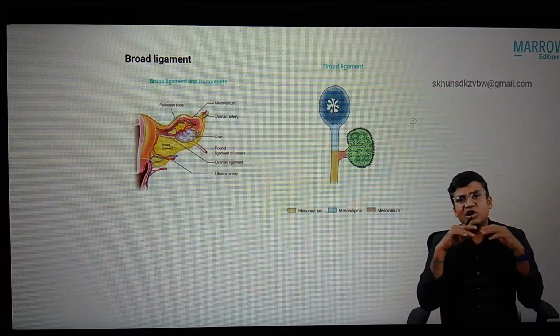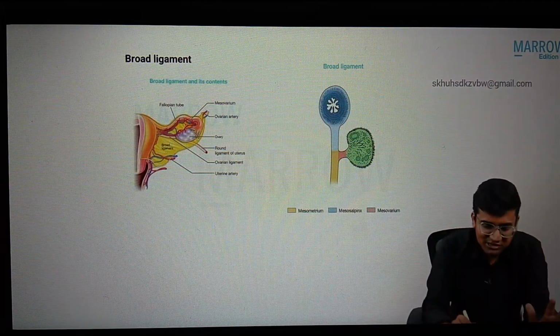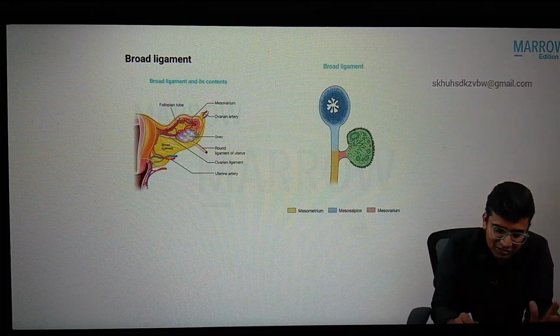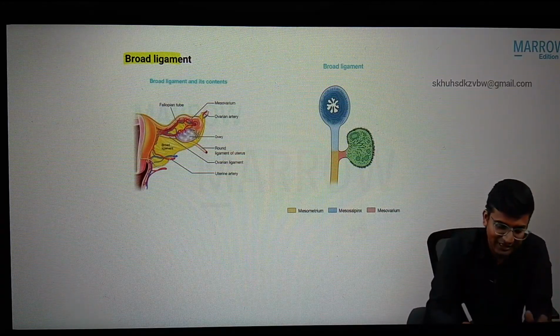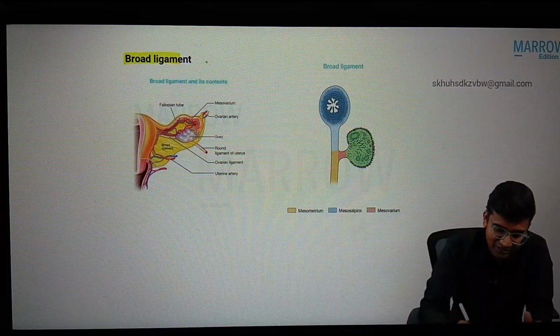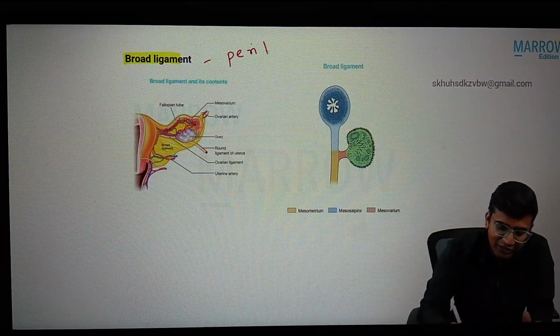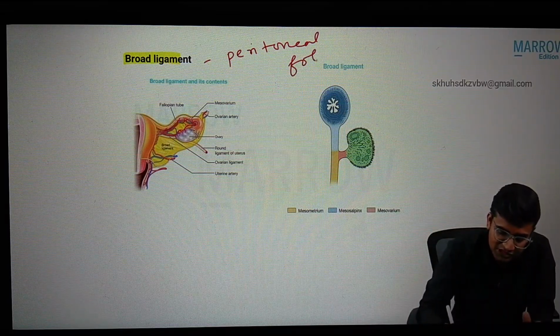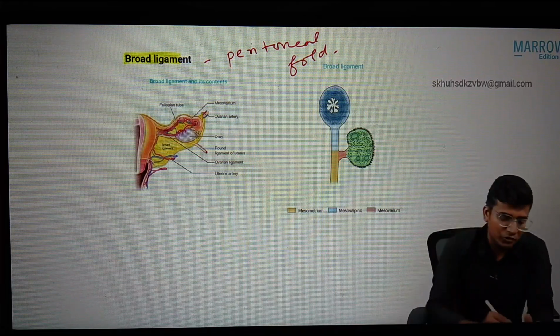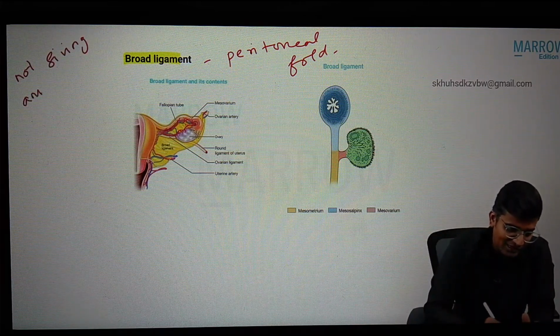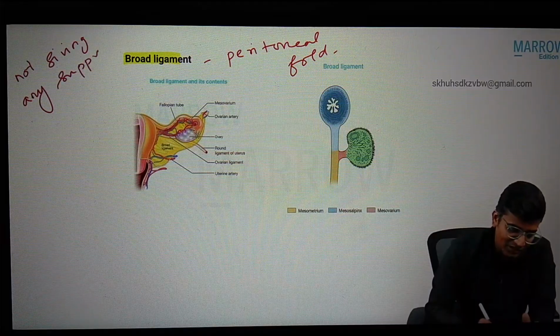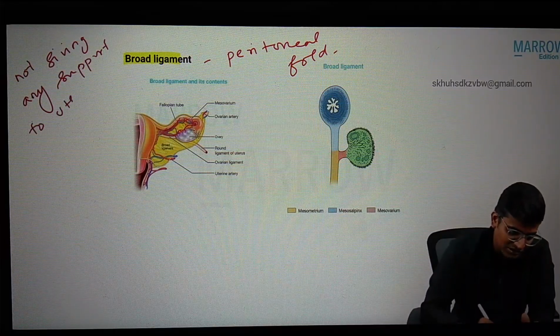But that ligament, the broad ligament, does not give any support to the uterus. The broad ligament is a peritoneal fold which is not giving any support to the uterus.